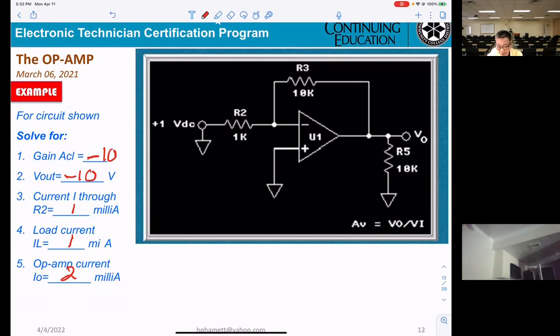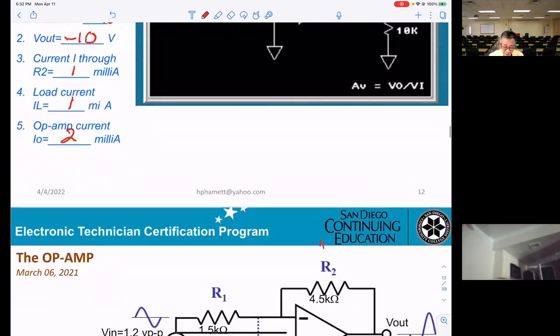And to calculate the load current, you take Vout divided by the 10K. You get the I and the I load, you add them up, and you get the op-amp current.